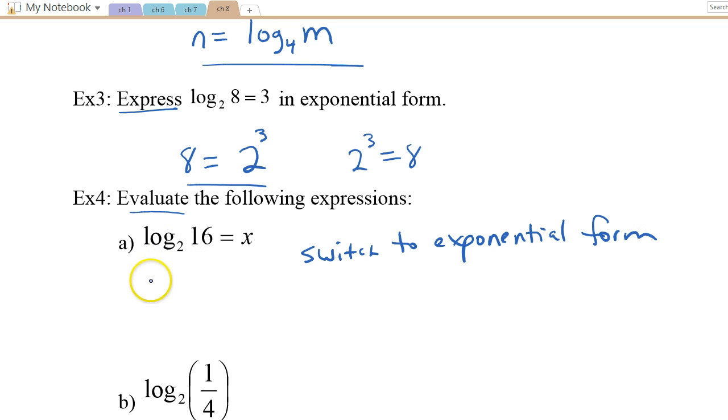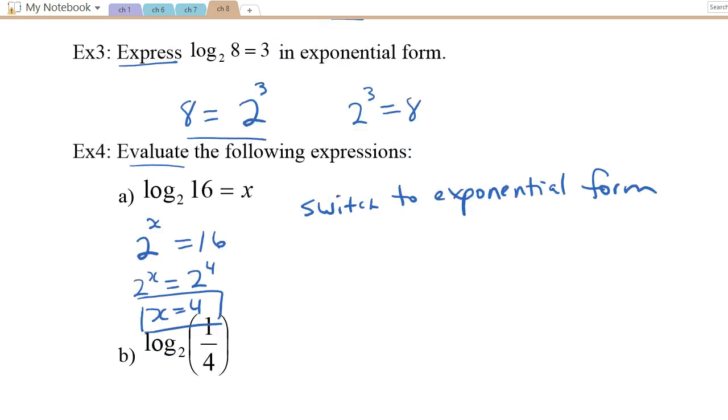Here's my base, the 2. Now x is the answer, so that's the exponent, so it's 2 to the power of x is equal to 16. So 16 is also 2 to the power of 4, so therefore x is equal to 4. Excellent. We evaluated x is equal to 4.